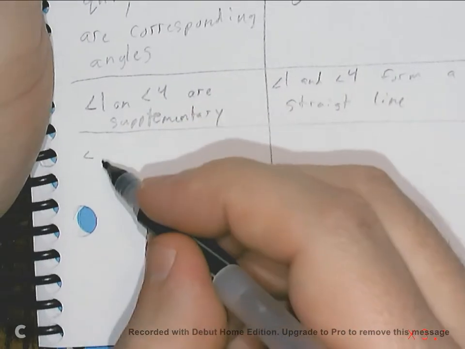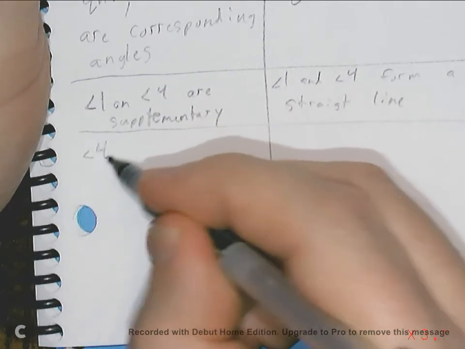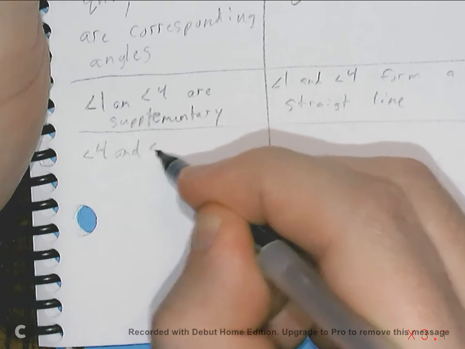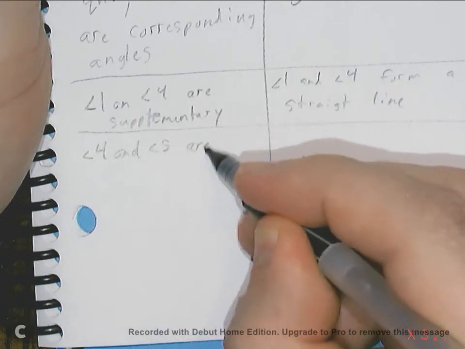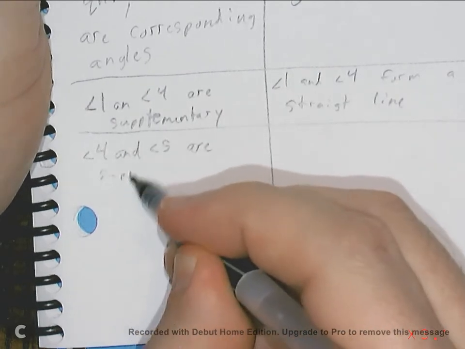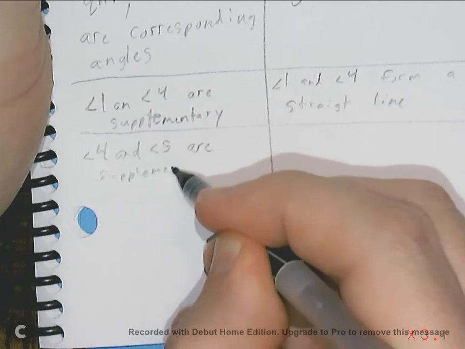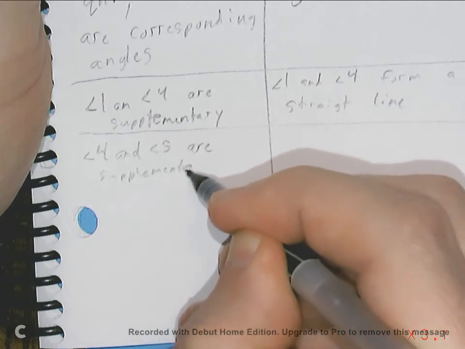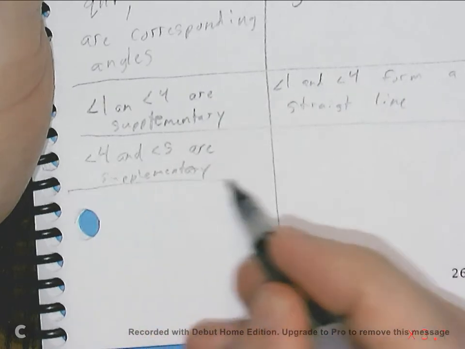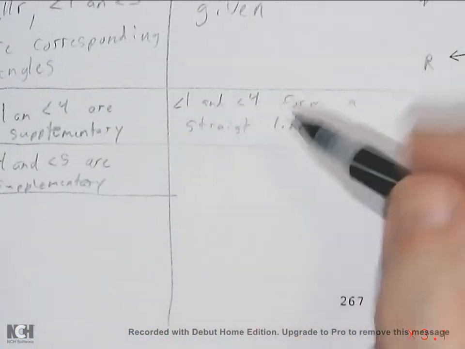One of those two, I'm just going to call it supplementary. So angle 4 and angle 5 are supplementary, because really that's all that the consecutive interior angle theorem says. So it's just taking out an extra step in my reasons.